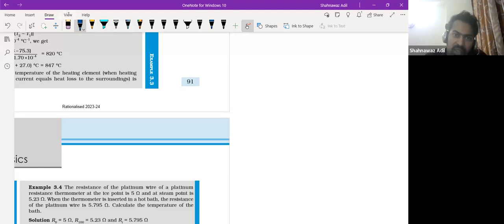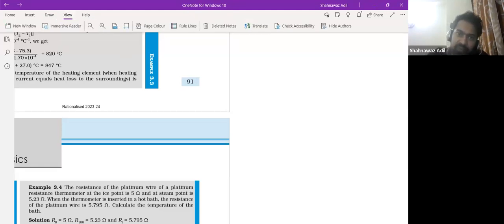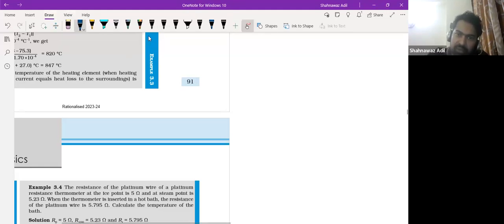So what are the things that we have? We have temperature, let's say T naught, that is 0 degrees C, right? And R naught is how much? That is 5. And then you take it at the steam point.